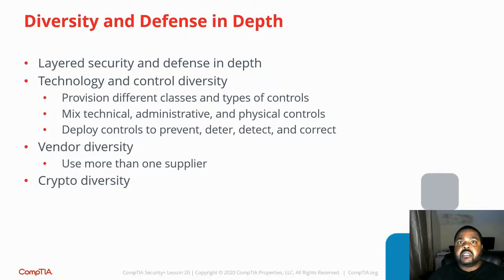So I touched on this a little bit earlier when I was talking about the single point of failure, having that diversity, and it creates a defense in depth, right? Let's say you want to make a Microsoft shop, or better yet, an Apple shop. Everybody in there has an Apple, from MacBook Pros to iMacs to Apple servers, Mac servers. We've got Apple phones. Everything is on an iOS platform.